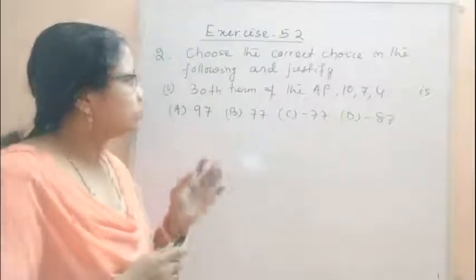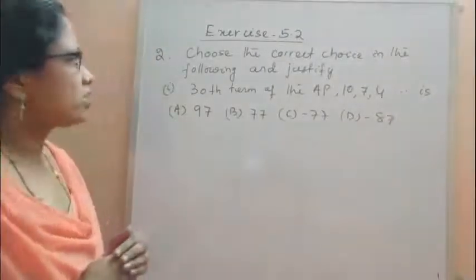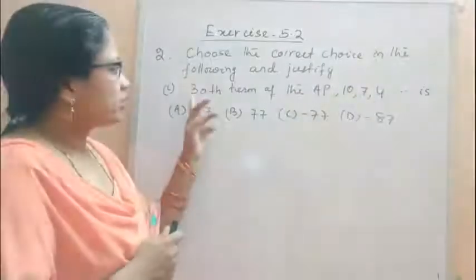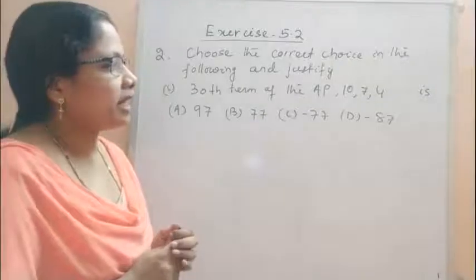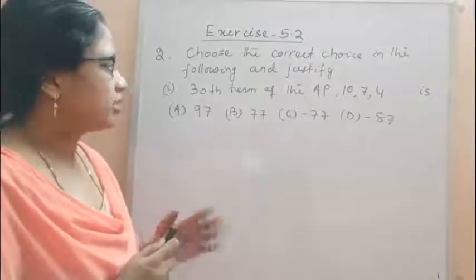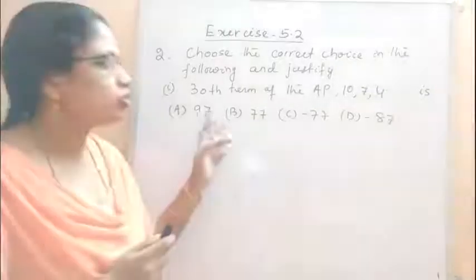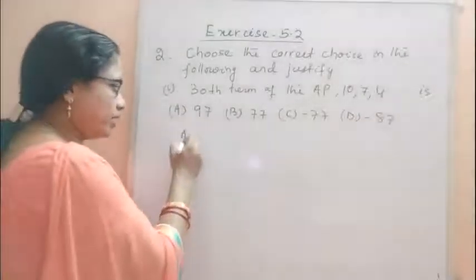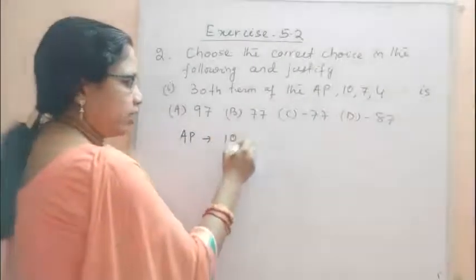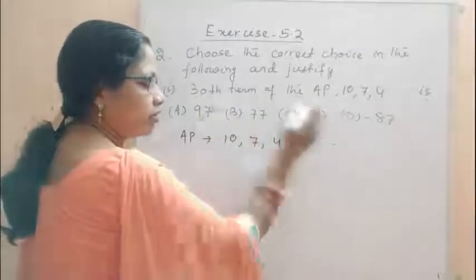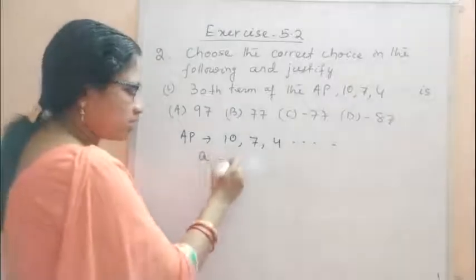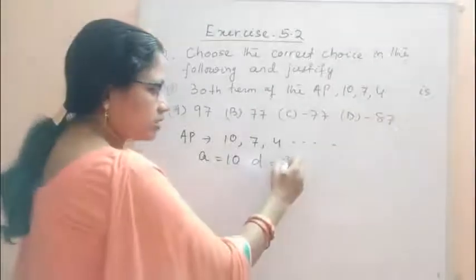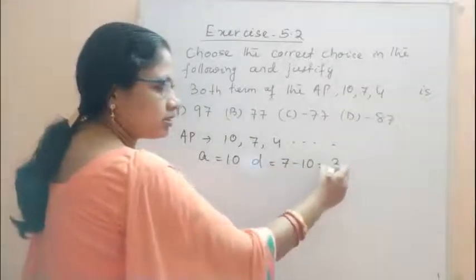Next, question number 2. Choose the correct choice in the following and justify. So first bit, the 30th term of the AP 10, 7, 4 and so on is dash. We have to choose the answer. So first we have to find, so the AP is 10, 7, 4 like this. So here a is 10, the first term, and d is 7 minus 10, that is minus 3.